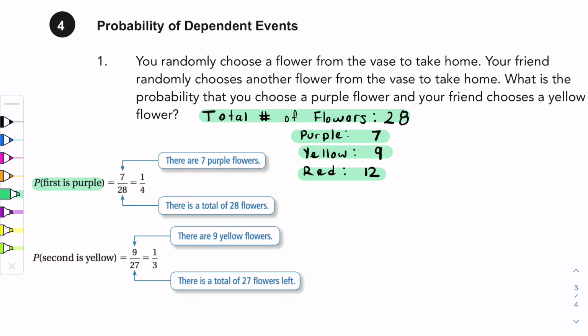After we pull the first flower, regardless what color we've pulled, there are only 27 flowers left. So the probability of pulling a yellow flower is 9 out of 27. There are 9 yellow flowers total, and there are 27 flowers left after you pull the first flower.